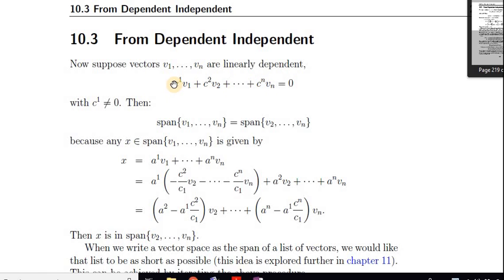So, for example, if I have this linear dependence relation, and suppose c1 is not 0, you just rearrange the vectors so that the first coefficient is non-zero. Then v1 is a linear combination of the others, and the span of v1 through vn is the same as the span of v2 through vn. v1 is redundant.